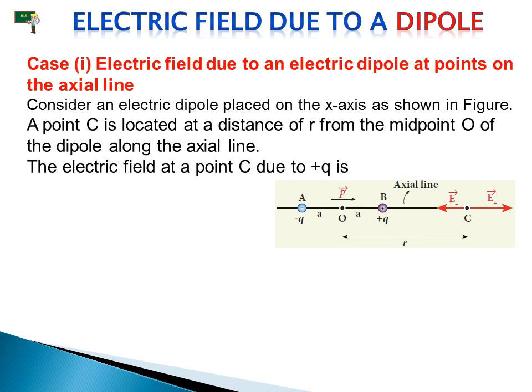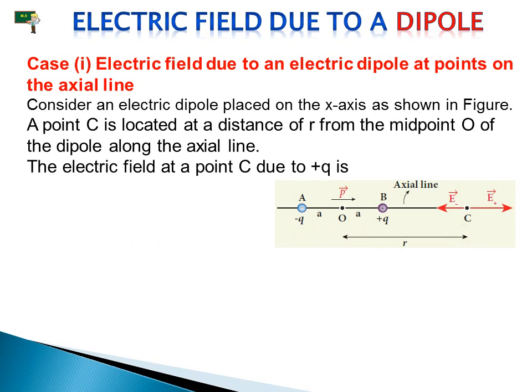Let's move to the answers. Consider an electric dipole placed on an x-axis as shown in the figure. Now, a point C is located at a distance r from the midpoint O of the dipole along the axial line.